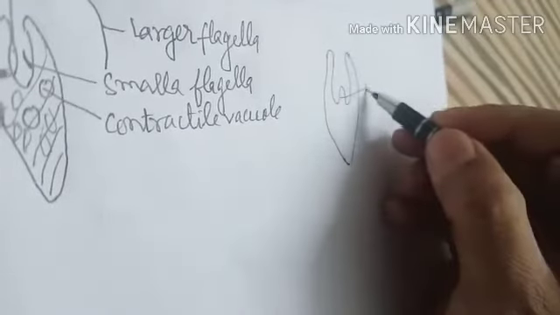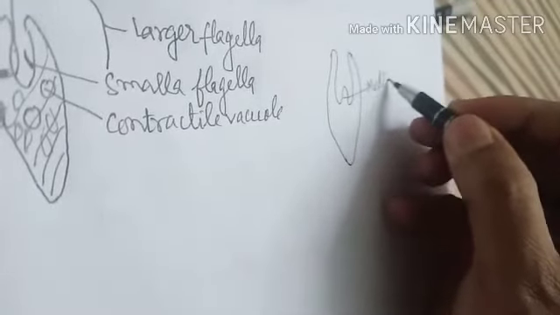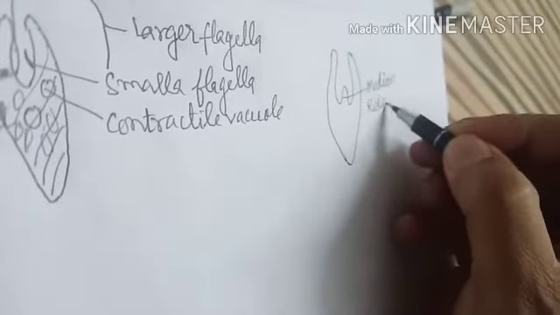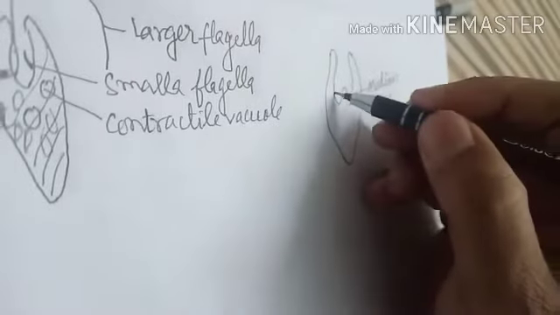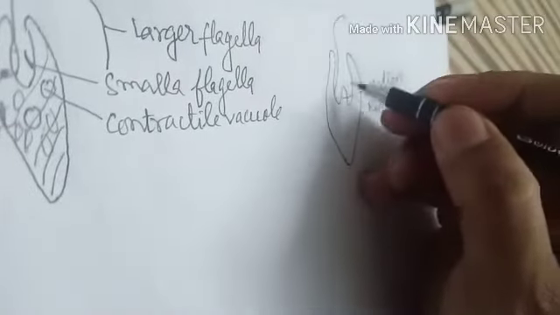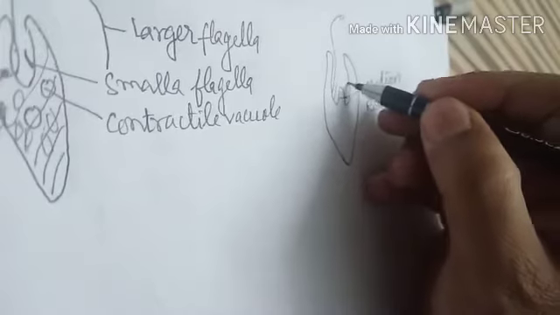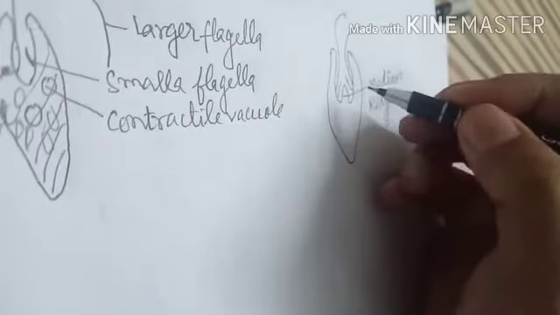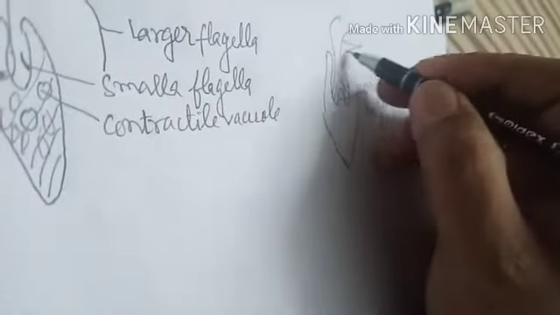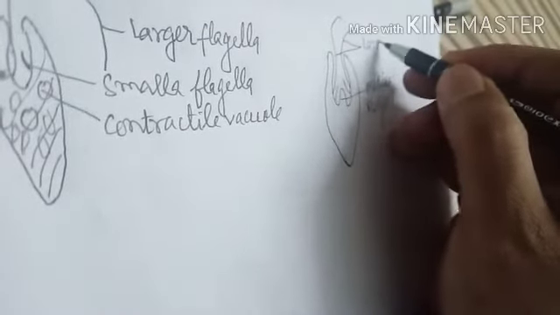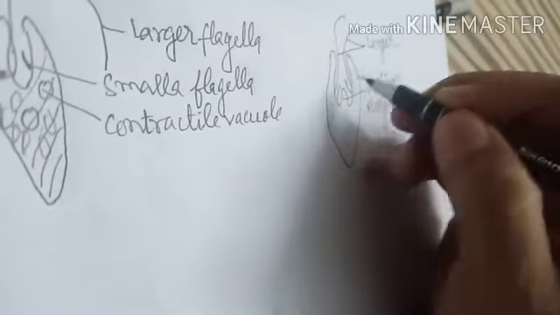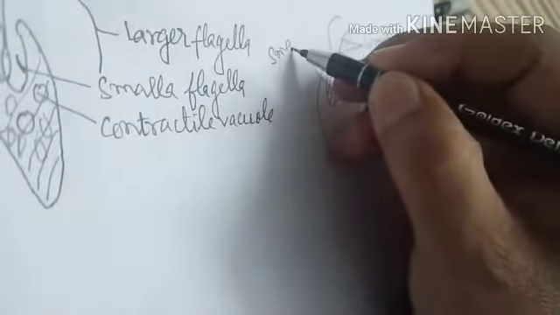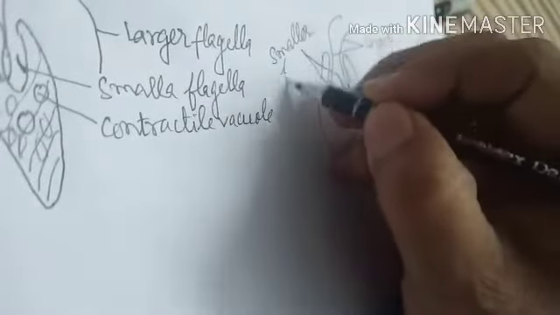This is the median ridge. And then two additional flagella develop. These are larger and these are smaller flagella.